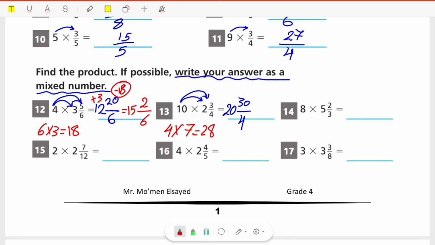We use the 4 as the denominator, and the whole number part will be 7, and we have already 20 as a whole number, so we're gonna add 20 plus 7 equals 27, and then 28 we're gonna subtract from the 30, so 2 is remaining, so it will be 27 and 2 over 4.